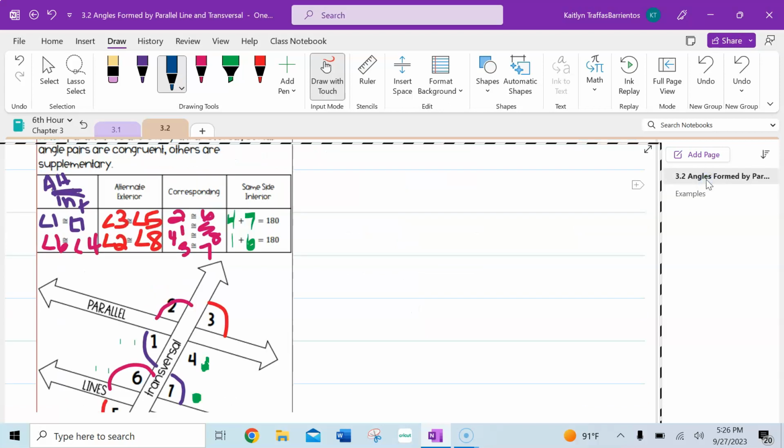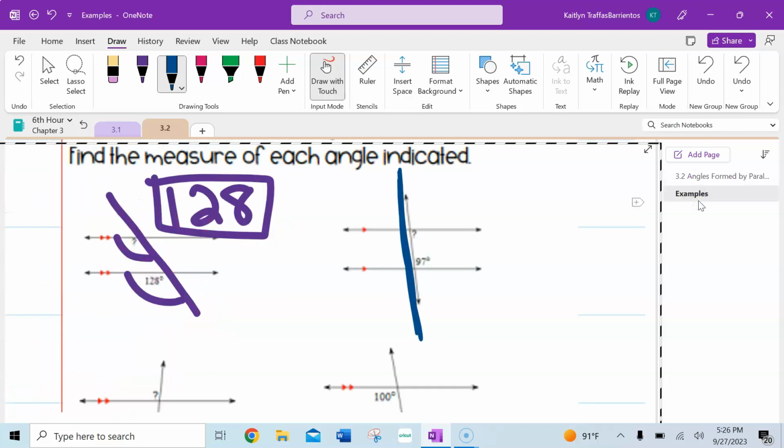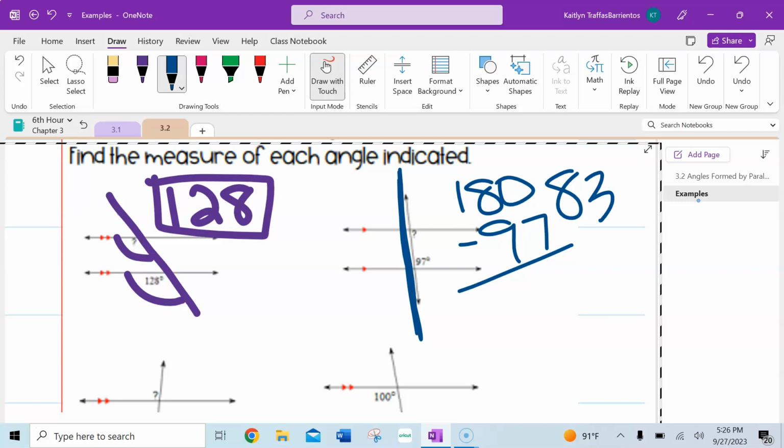So we're looking for same side interior angles, and what my theorem tells me is that same side interior angles are supplementary. So if I add these 2 angles together, I should get 180. Well, if I know one of them is 97, to find the other one, I can take 180 minus 97, and my missing angle is 83.